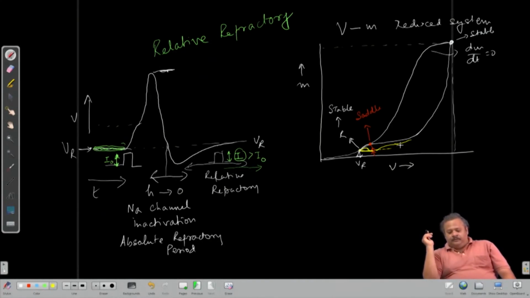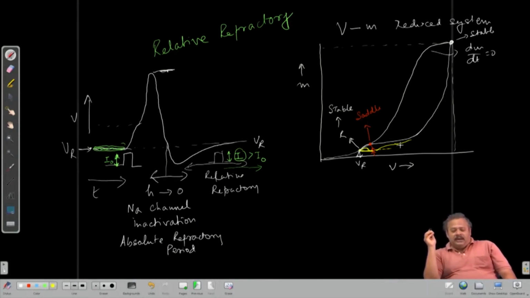and will produce an action potential. Now, if we consider the middle of the action potential or towards the end of the action potential, we have H and N different from what they are at rest.